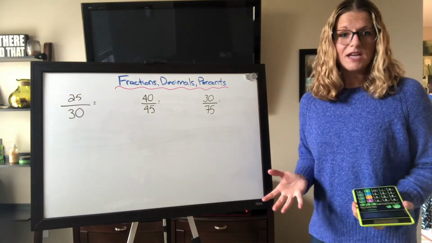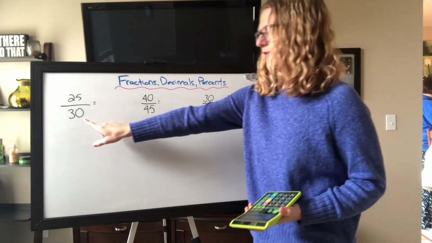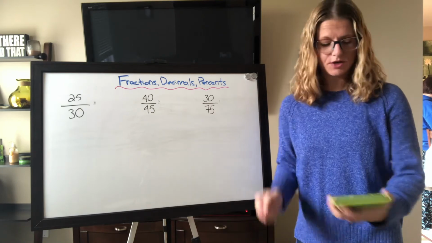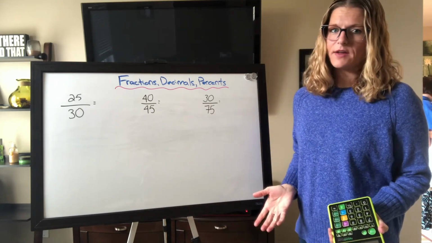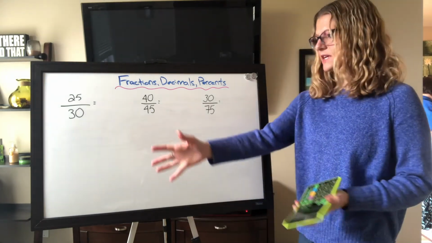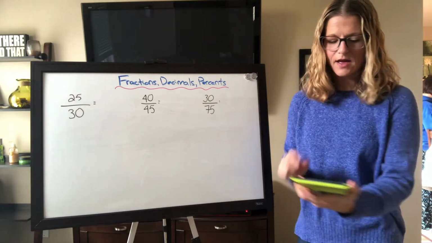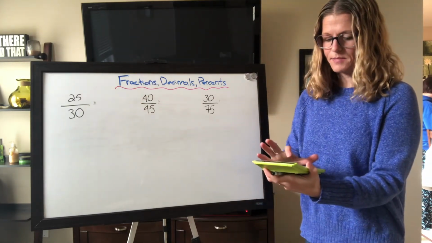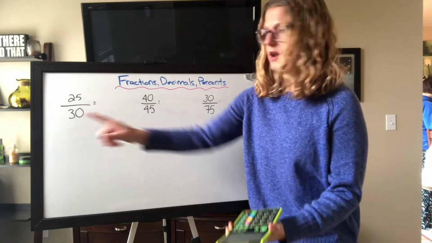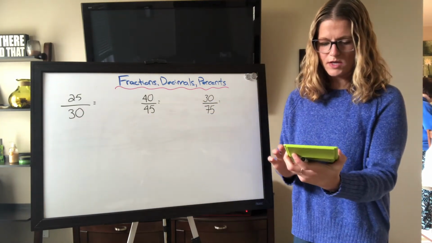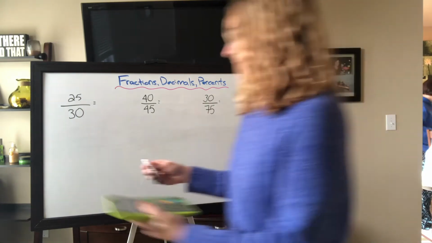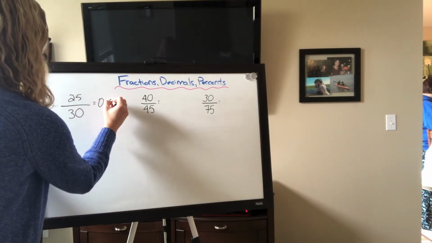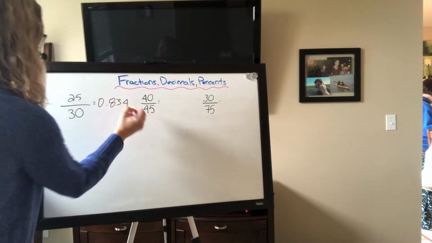Okay guys, imagine that we had a test that was out of 30. I got 25 out of 30 questions correct. So I'm going to take out my calculator because no, I am not so smart that I can just do all of this in my head. So I will take the numerator, 25, and divide it by the denominator, 30, which will give me 0.834.